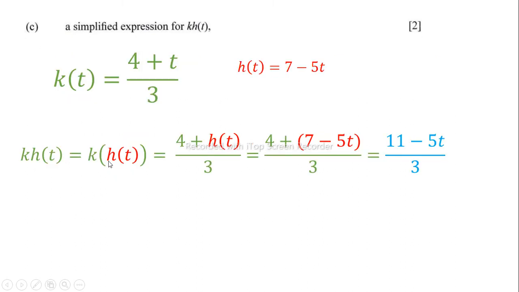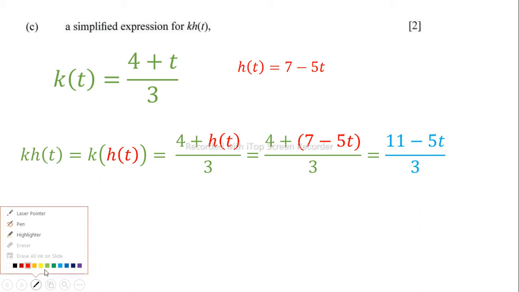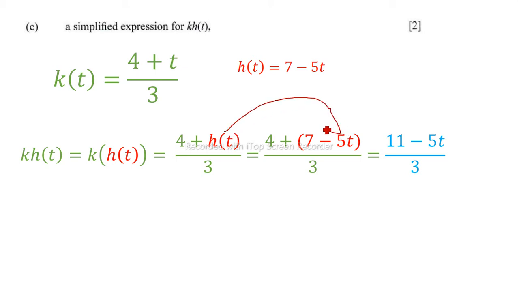And so what we do, we take our function K of T and we have H of T right here. That's the function H of T. What we do is we take H of T and put it inside our function K. So we basically replace this T. Wherever we see the T, we put H of T. And we know that H of T is simply 7 minus 5T.